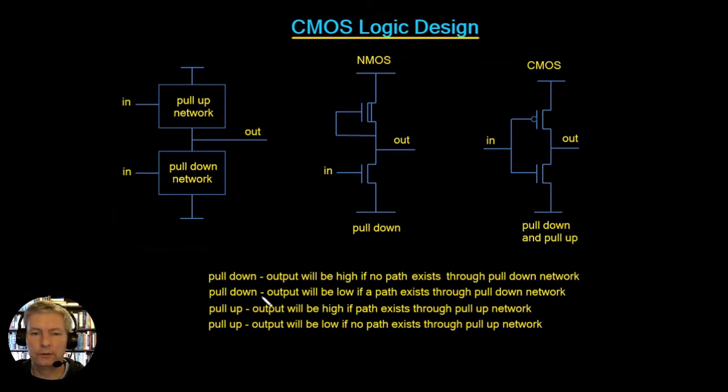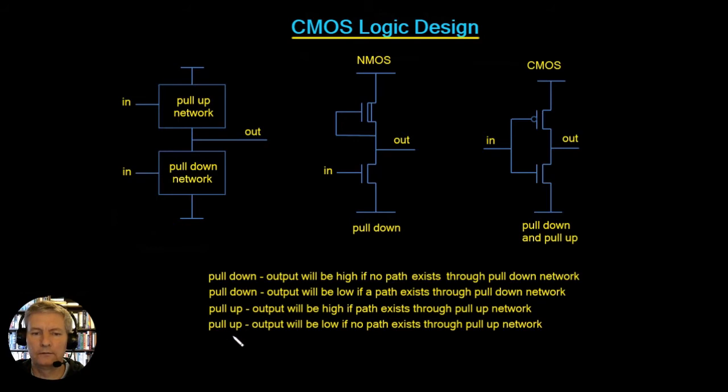Now if we look at the pull up network for this CMOS device, the output will be high if a path exists through the pull up network. If there's a path existing up through this way, then this point here will be pulled high.